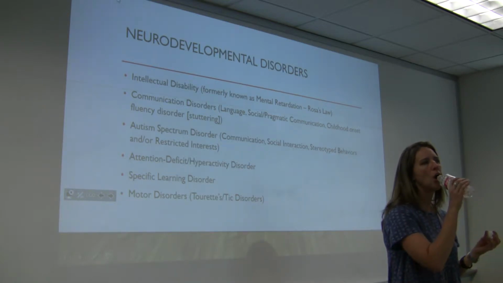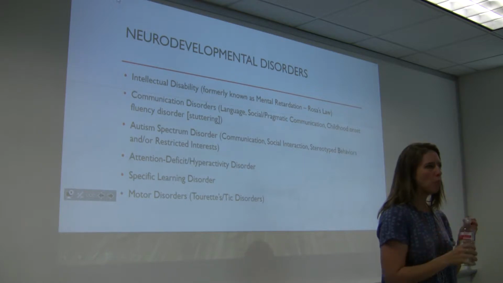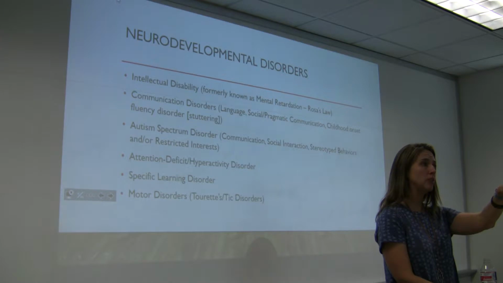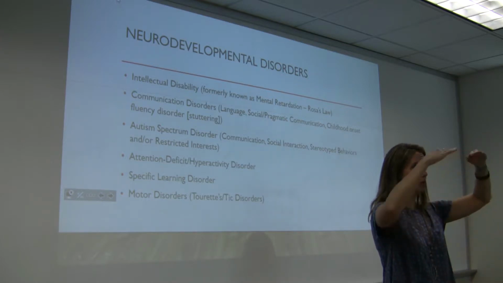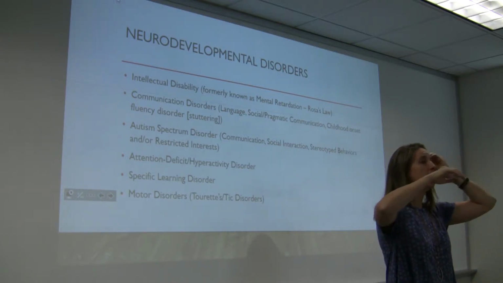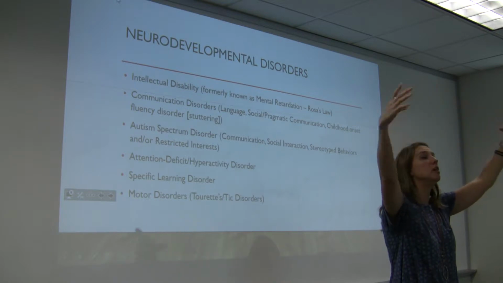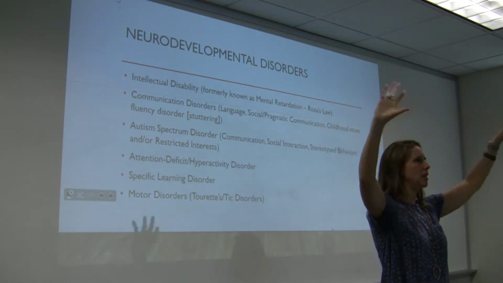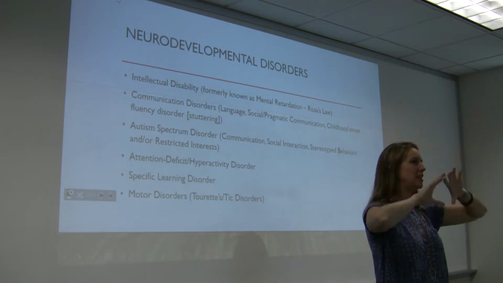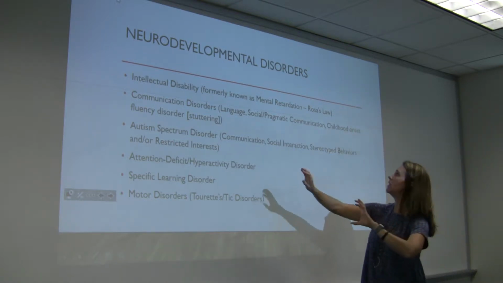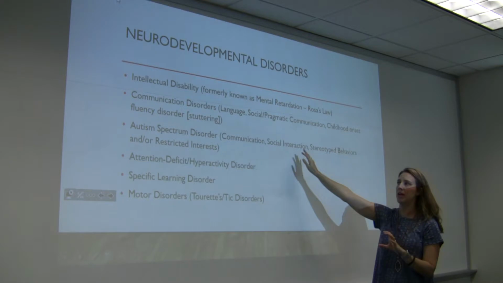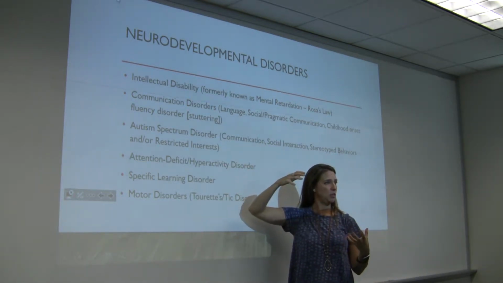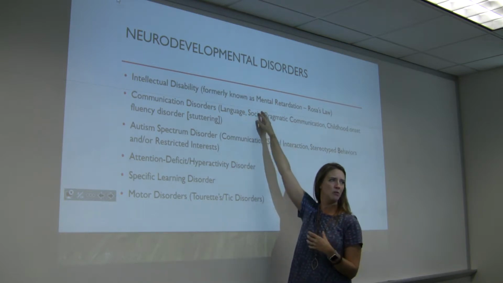There's a lot of similarity between the communication disorders and ASD. That's a great question. We're talking about thresholds, right? Theory of mind is most likely going to be present in any of the autism spectrum disorders, but if they don't have any of the other things like stereotyped behaviors or restricted and repetitive interests, they just have that difficulty with theory of mind and social communication, it would be here.